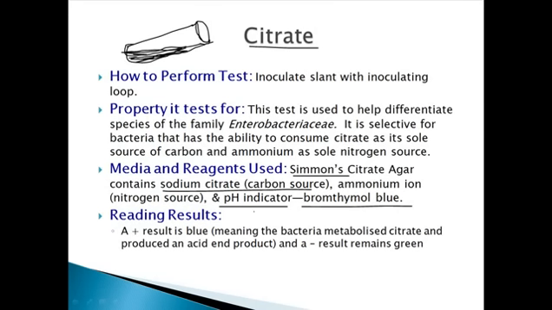If any bacteria present can use sodium citrate as the sole carbon source, they produce byproducts that raise the pH slightly, and that's why the bromothymol blue will change color from green to blue, as we have talked about.